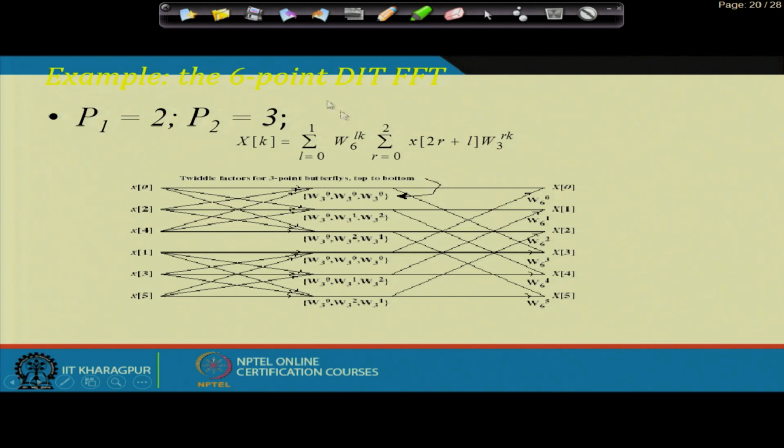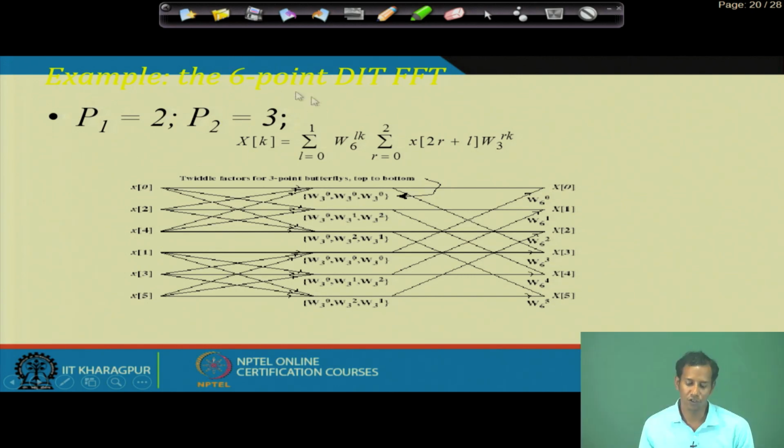Now, suppose we consider a 6-point decimation in time FFT. In the earlier example we considered the 8-point FFT, but if we consider this 6-point FFT, what will happen?